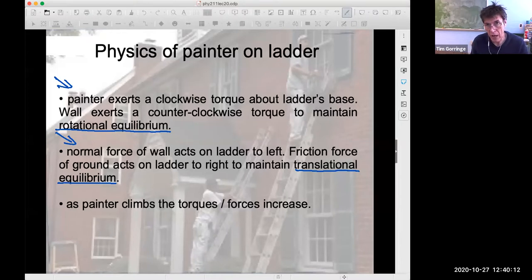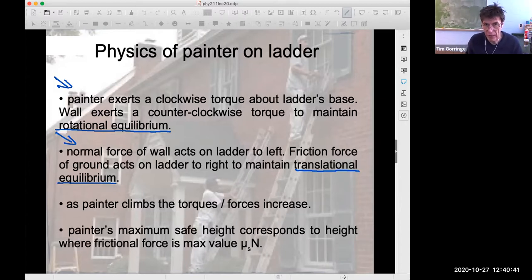So you can't see it when you climb a ladder, but you might want to remember it when you climb a ladder. As you climb a ladder, there are increasing torques that are trying to turn you and the ladder clockwise and counterclockwise. There are increasing forces that are trying to push you and the ladder to the left and to the right. And those are growing as you climb up the ladder.